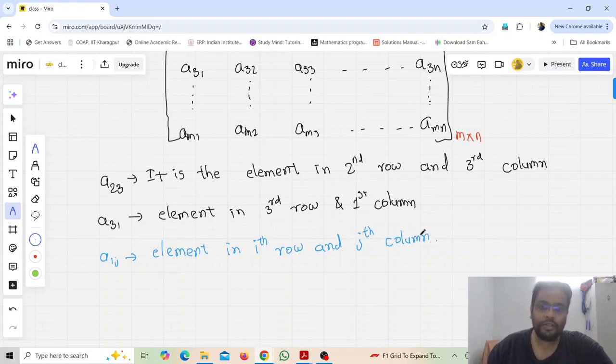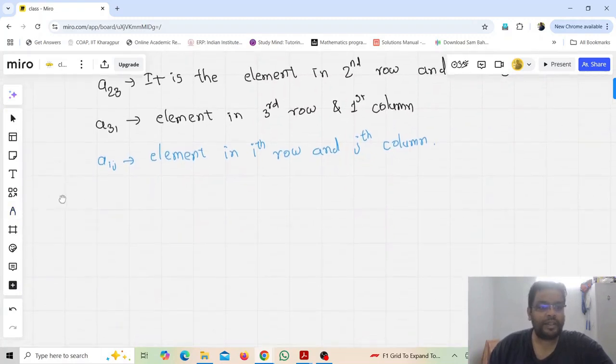So using this, you can pinpoint to any element based on its row and column. Just like in coordinate geometry, how do we represent a point in x and y coordinate? In matrix, we use which row and the number of column. So we can pinpoint to an element and it will be universal.